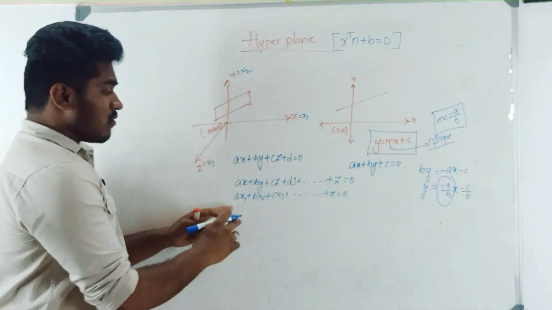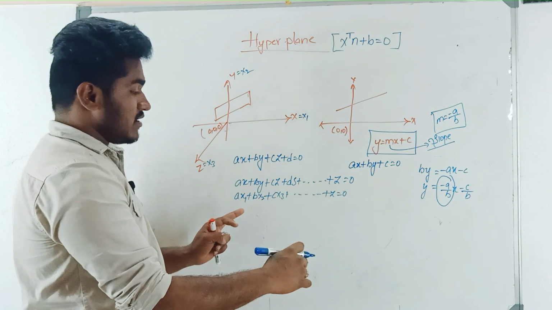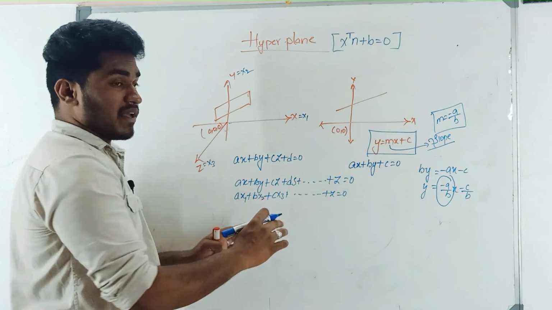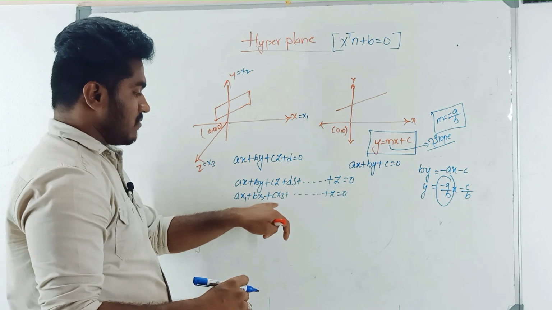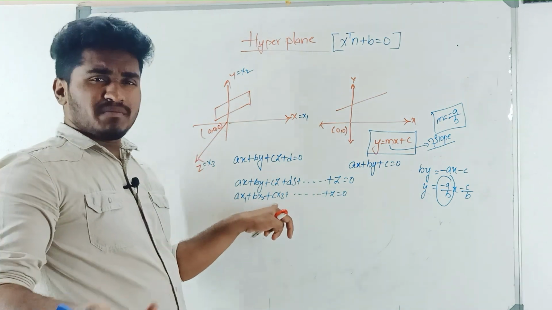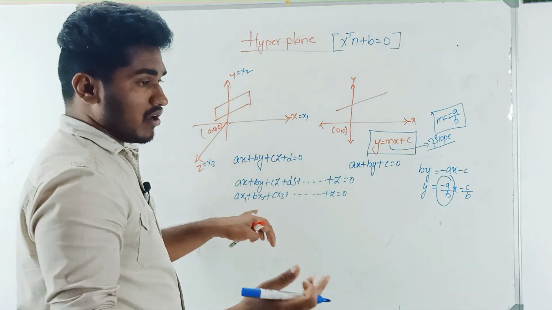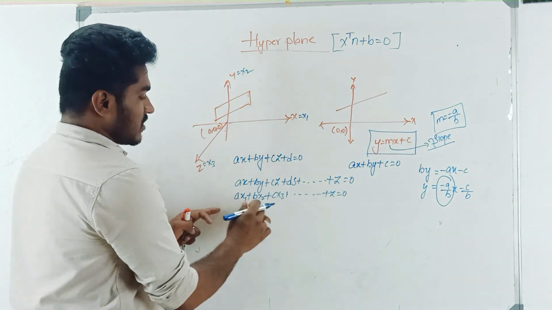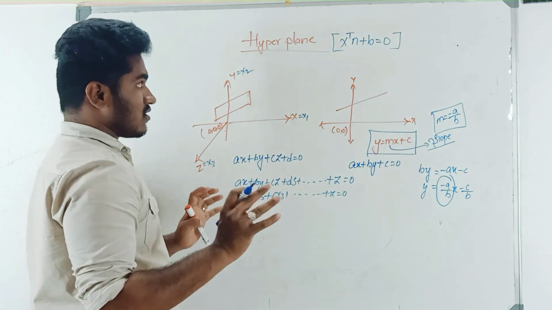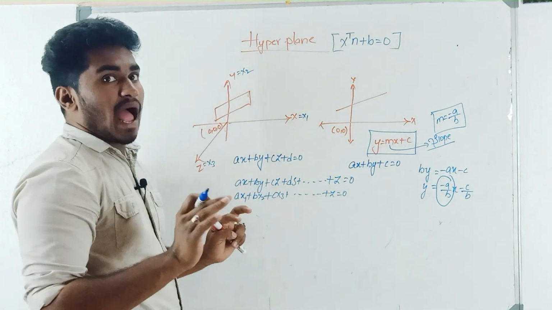So here we have different types of variables, right? Whatever they may be, we can transform these variables into one thing, so that it might be easy to derive this hyperplane.